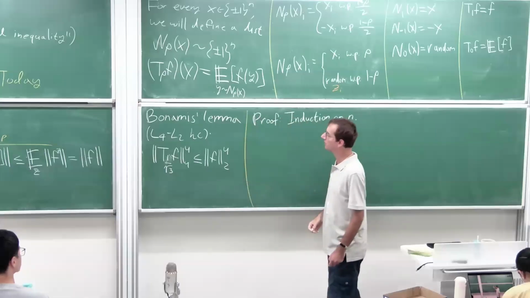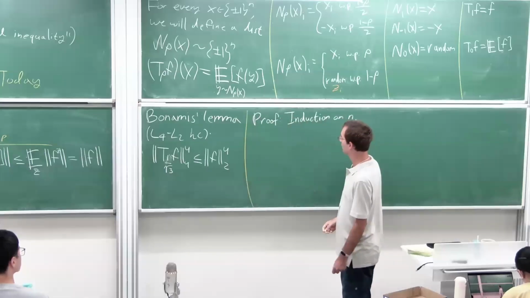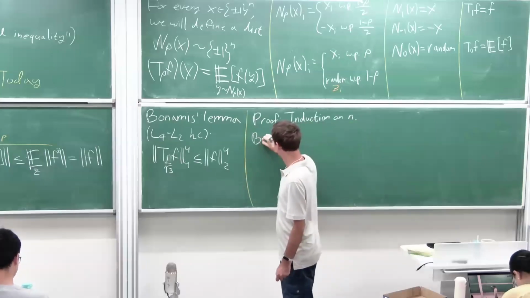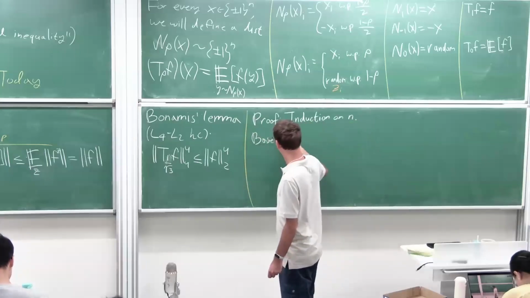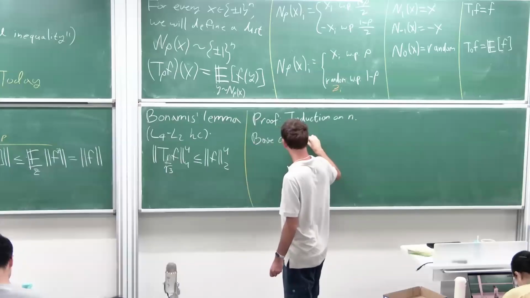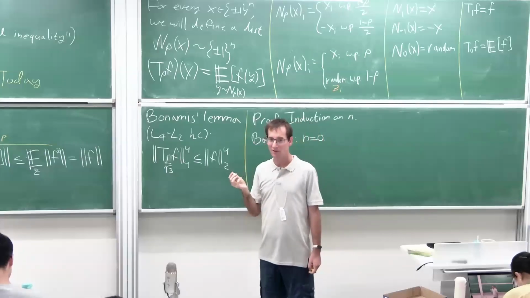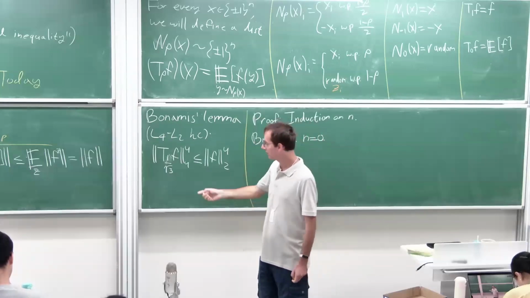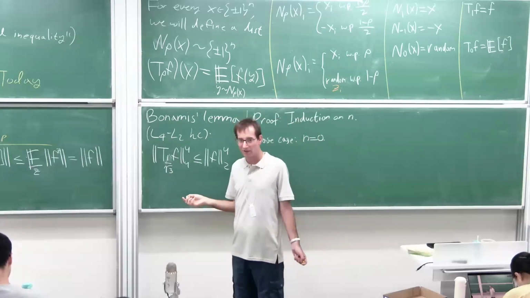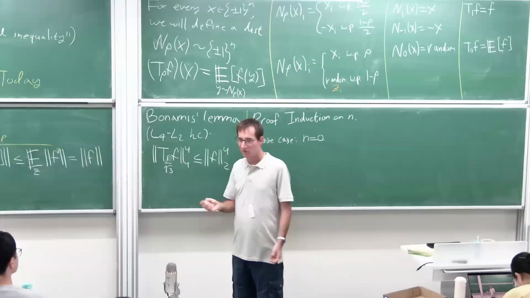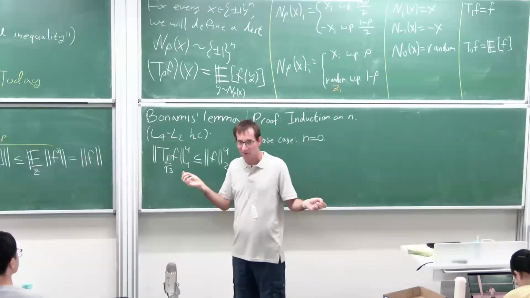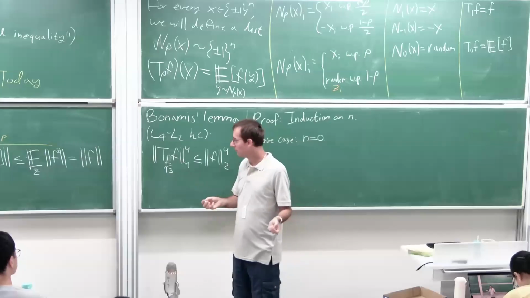But this will be an induction on n. Okay, so base case, n equal to 0. When n is equal to 0, then f is just a constant, and this operator has no effect. And also all of the norms are the same because they're just one point. So in this case, they're equal.